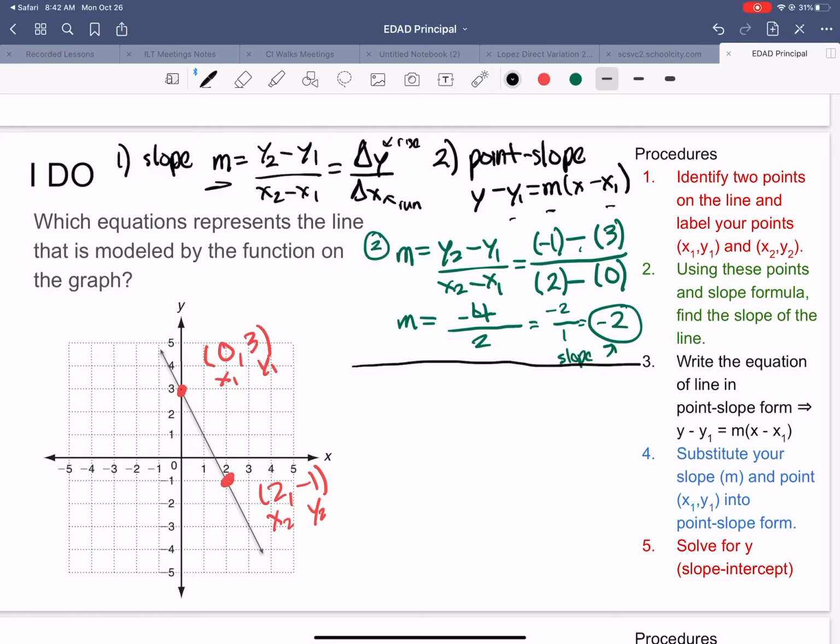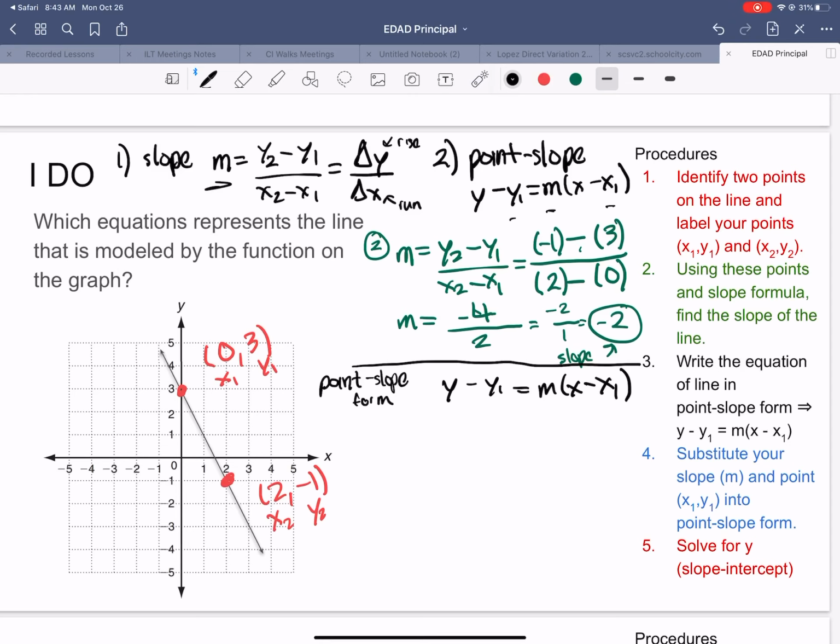Now that I have my slope, I'm going to go ahead and use my formula, which is called point slope again, because all you need is a point and the slope. Point slope form is y minus y sub 1 is equal to m times x minus x sub 1. So you need the slope, which we have, and we need a point.